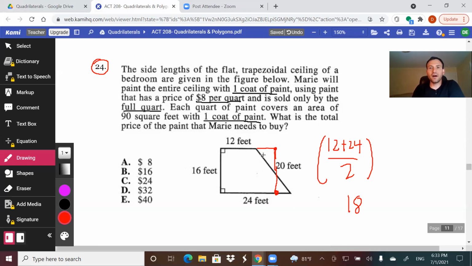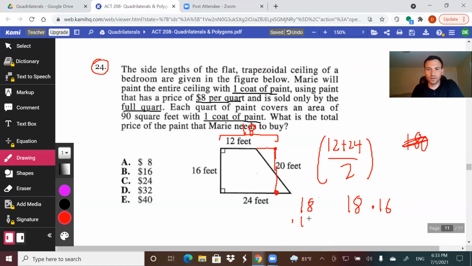And once we have, from here to here is 18, so this new rectangle is just going to be 18 times 16, right? And that's going to get the area of the entire thing. So if we think about this, 18 times 10 is 180. 6 times 18 is, actually, let me not do it that way.